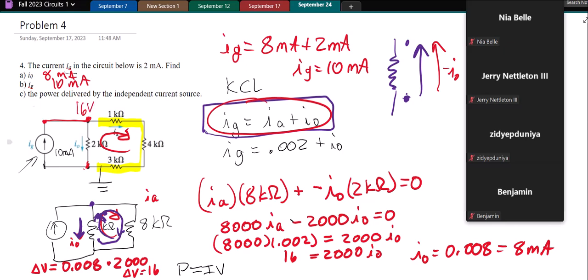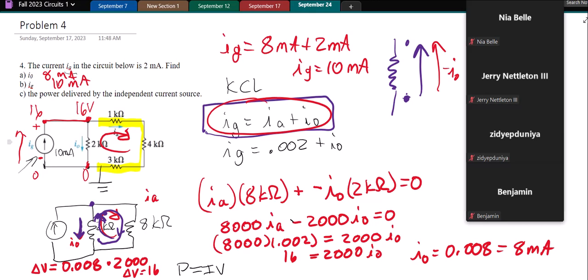So I've got 16 volts here and 0 here. And that means that over on this branch I have 16 volts there and 0 there, which means that if my current is going in this direction, then it's entering into the negative side of the voltage of the current source, because this side is smaller than the other one in the direction that my current is going.